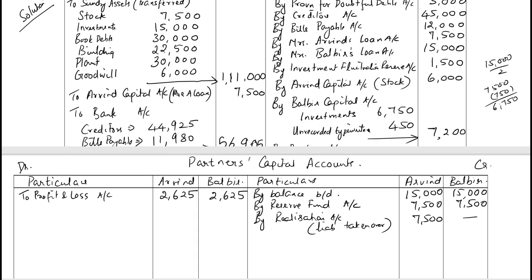And on the credit side, we have Arvind and Balbir taking over assets to realization account. Asset taken over. Arvind takes over rupees 6,000 of asset and Balbir takes over rupees 7,200.